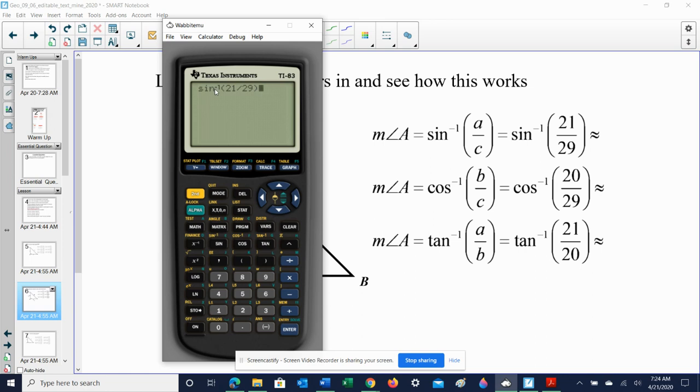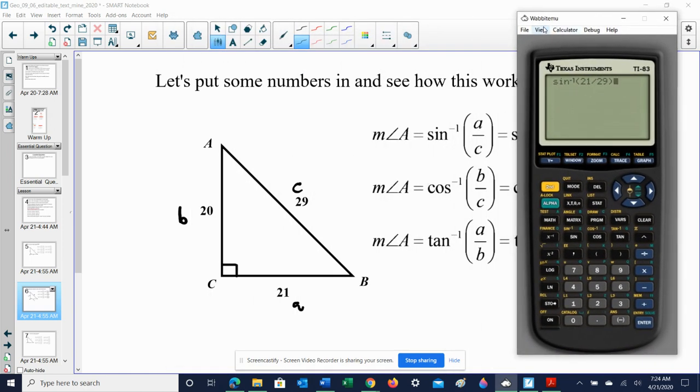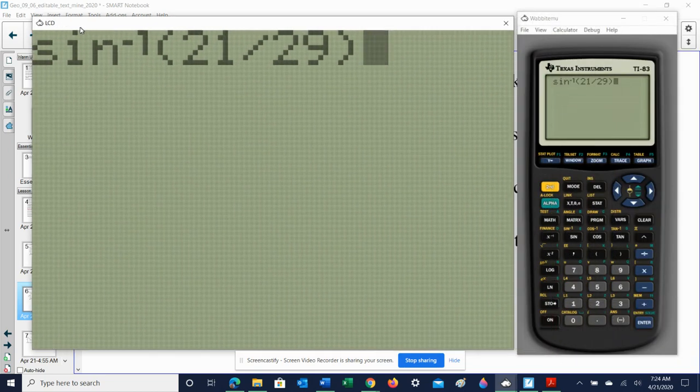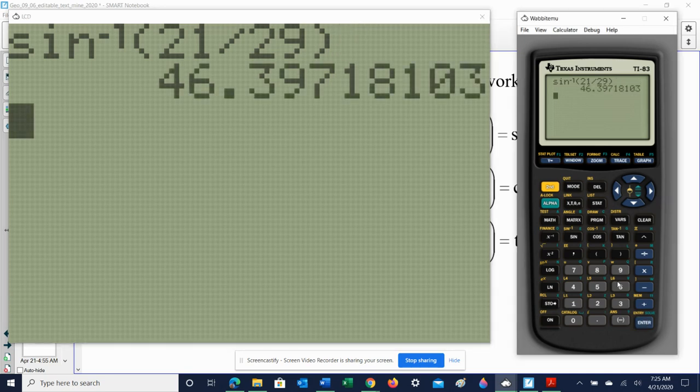Sine inverse. Let's see if I can zoom this out. There we go. It's easier to see, it's bigger. That's exactly what we had over here. I hit the enter key now, and this gives me an answer.